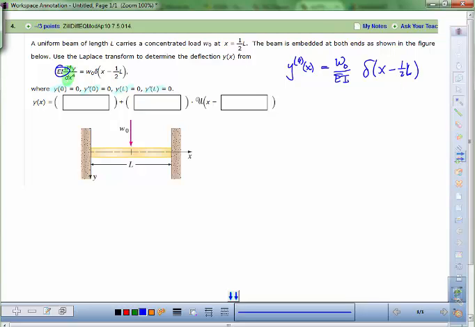All right, in our transformation, when we transform this using Laplace, we have to remember the Laplace transformation of derivatives. And this is a fourth derivative. Do you remember how it goes?